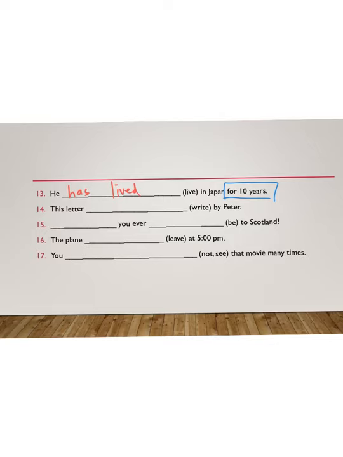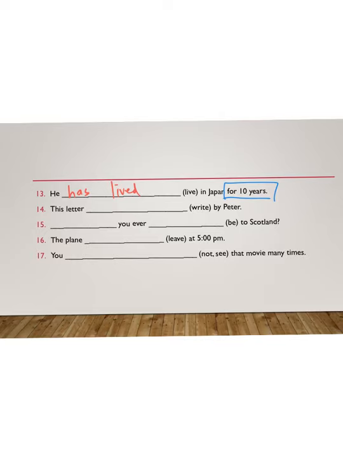Okay, so number 14, this letter, write by Peter. If we are just describing the whole scene, we use simple present tense, or you can also refer to a recently completed action, and that's why you can use either simple present tense or present perfect tense.